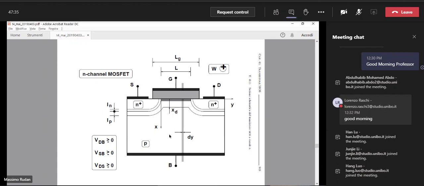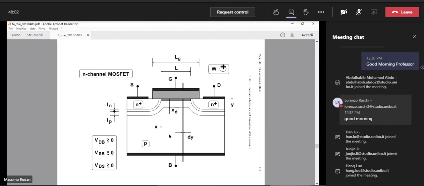And the contact whose voltage is higher in this device is the drain contact. So as you see in the inset on the left, we have the condition VDB non-negative. That means that the drain junction should never go in forward bias.